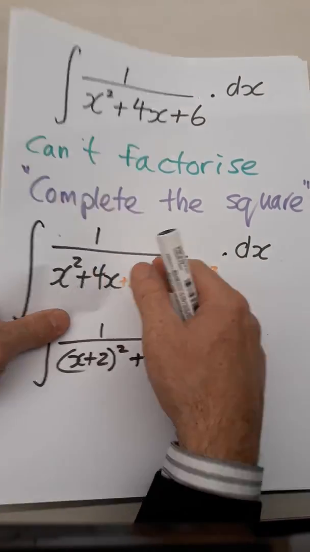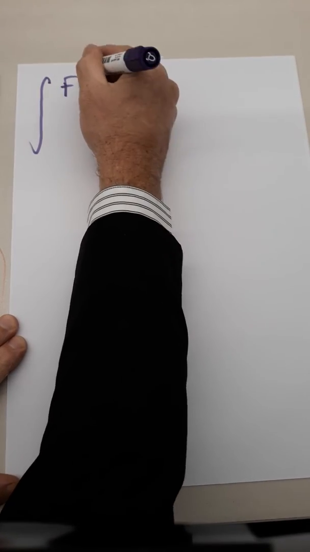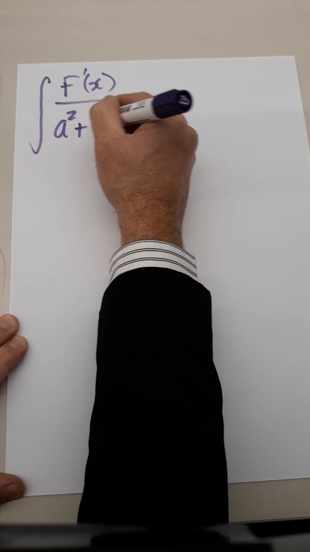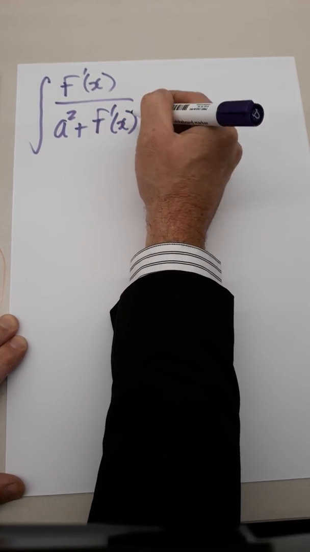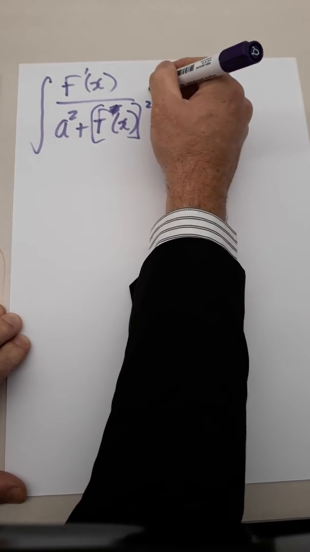For example, the formula sheet says we want the integral of f dashed x on a squared plus f of x squared.